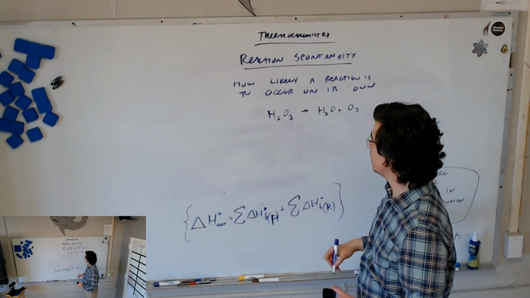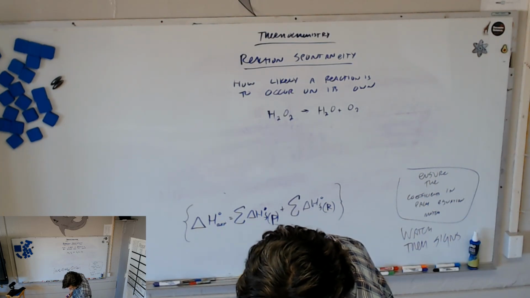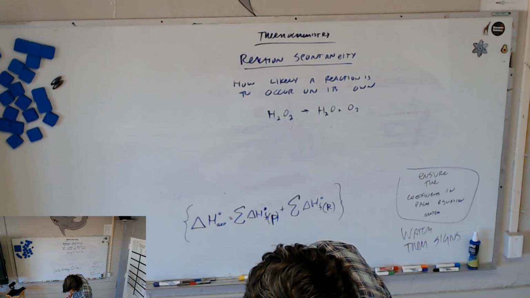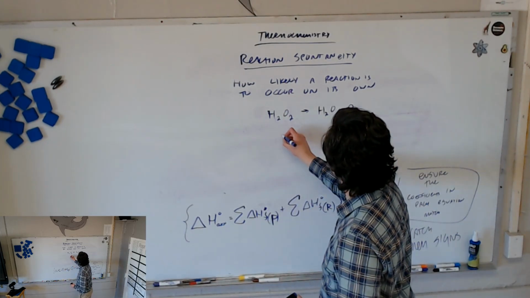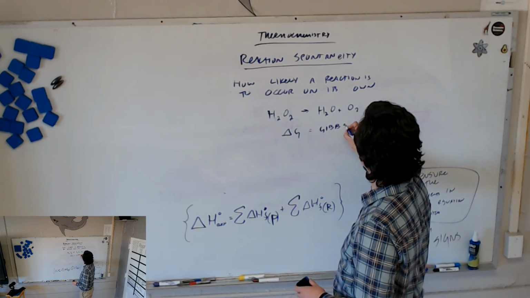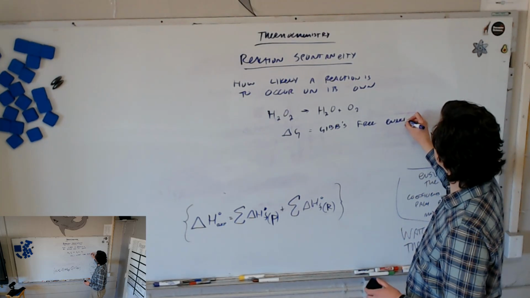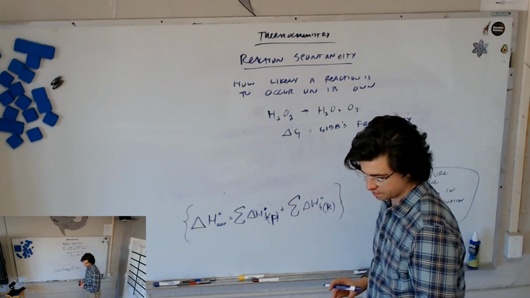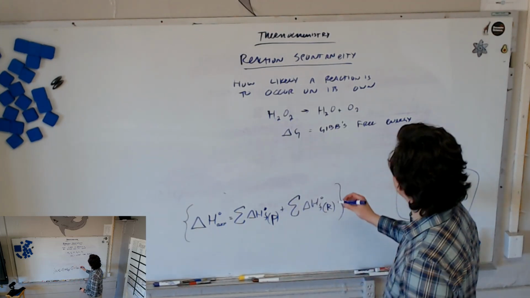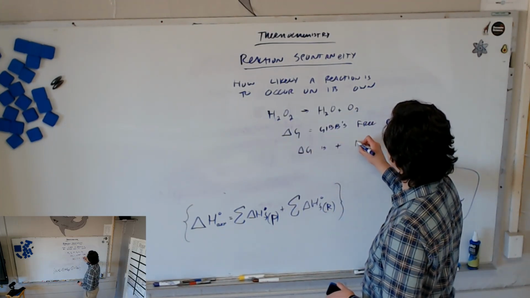This is spontaneous. And we use the symbol delta G. Delta G is called Gibbs free energy, named after a man from Yale. If delta G is positive, the reaction is non-spontaneous.